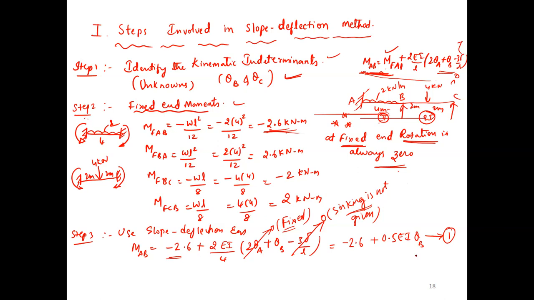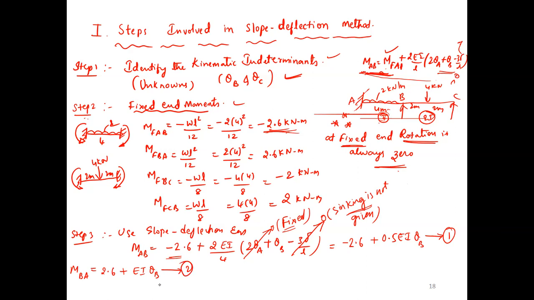Now please determine MBA. What is equation 2? Similarly determine MBC and MCB. What is MBA? Plus 2.6 plus EI theta B. Take that as equation number 2.